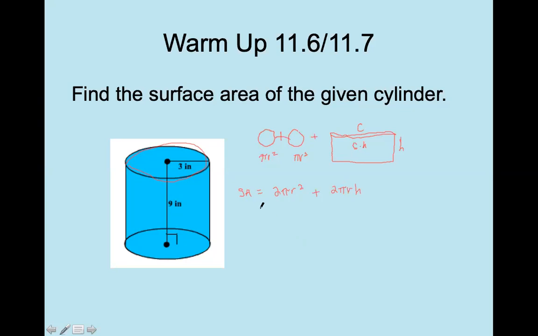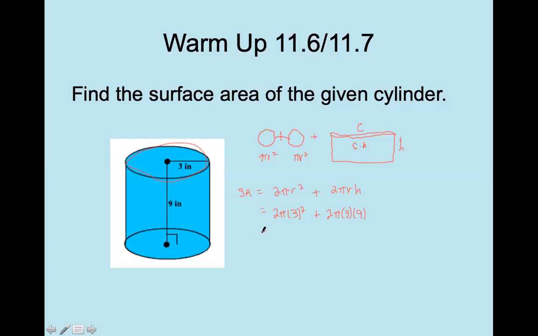Now if I want to find the surface area, I'm going to replace those with numbers. So I have 2 times pi times 3 squared, remember our radius is 3 in this figure, plus 2 times pi times the radius again, but it's just singular, not squared, times the height, and the height of our cylinder is 9 inches.